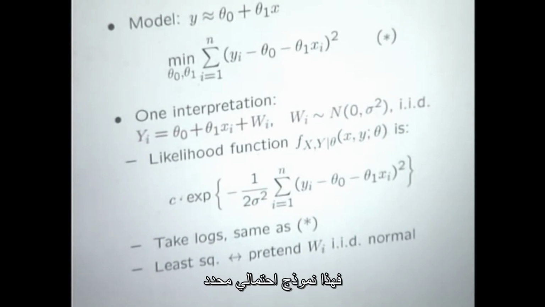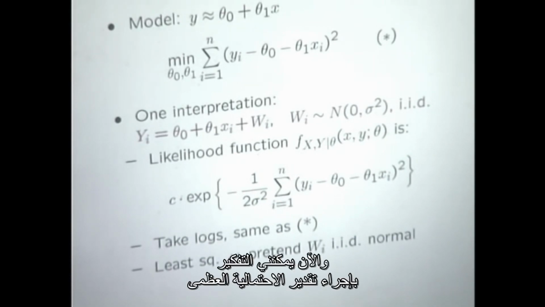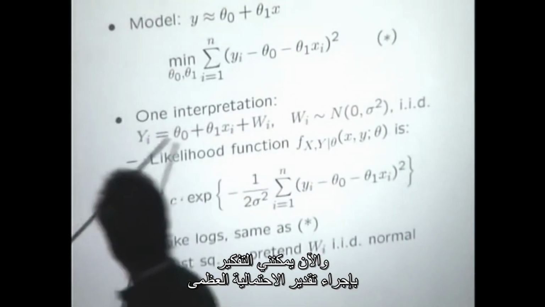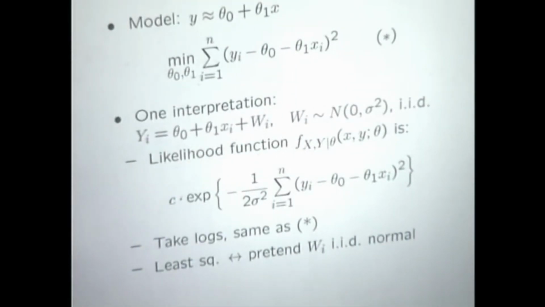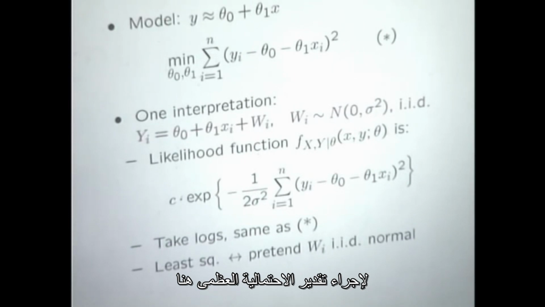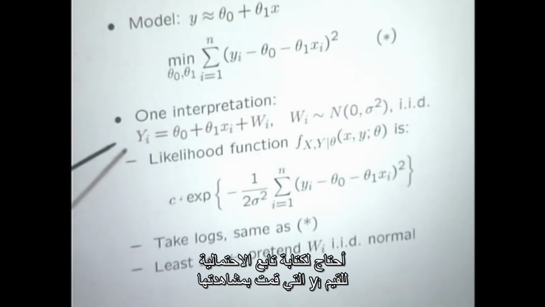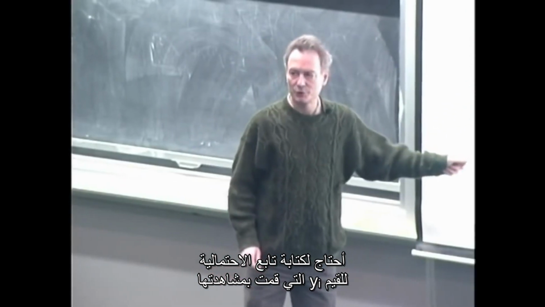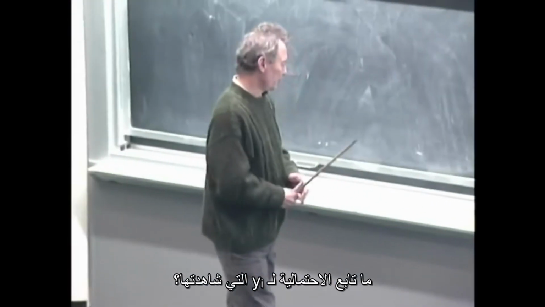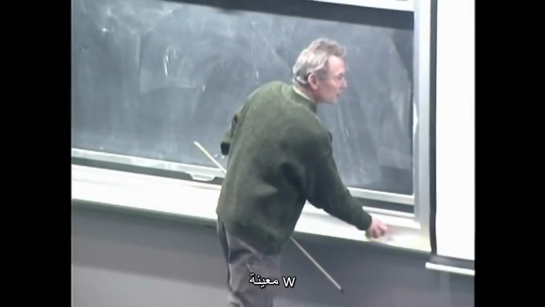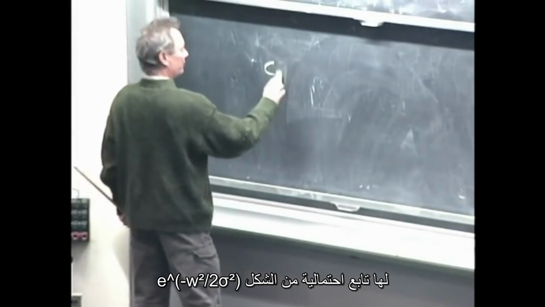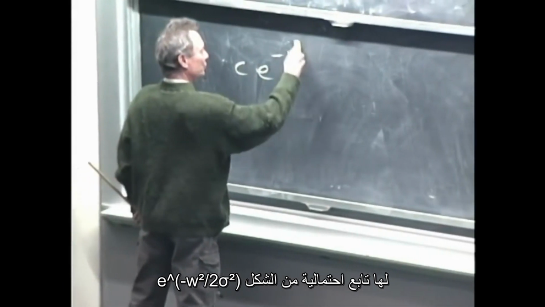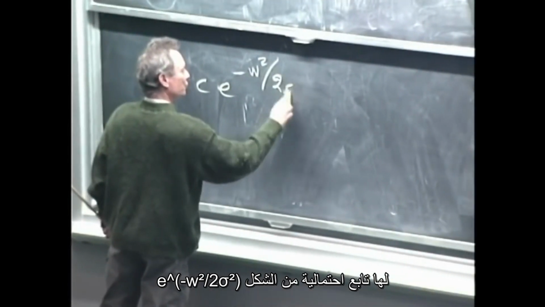So this is a specific probabilistic model, and now I can think about doing maximum likelihood estimation for this particular model. So to do maximum likelihood estimation here, I need to write down the likelihood of the y's that I have observed. What's the likelihood of the y's that I have observed? Well, a particular w has a likelihood of the form e to the minus w squared over 2 sigma squared.